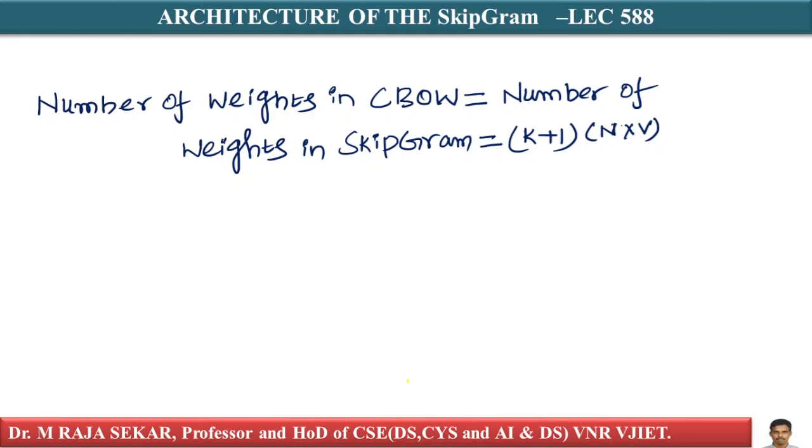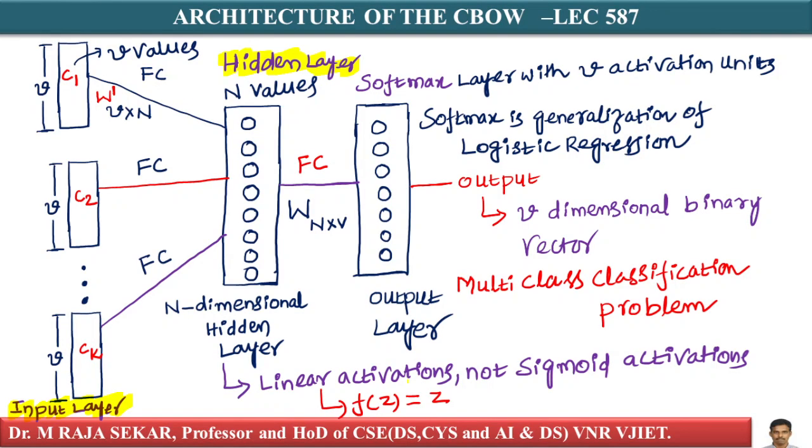But in CBOW, you have only one softmax. Just understand, you have only one softmax in the case of CBOW. This is the CBOW architecture.